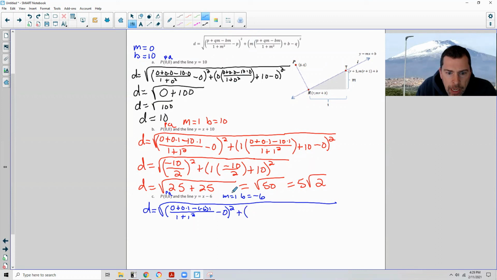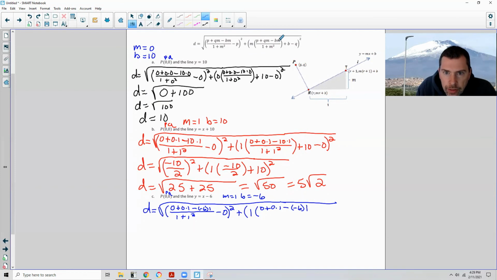Now I want an M1 times P, 0 plus QM, plus Q times M, 0 times 1. Let me just use dots instead of parentheses. Okay, 0 times M, and then minus B, which is -6 times M, which is 1.